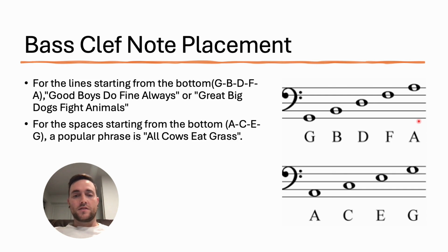All cows eat grass, all cows eat grass, good boys do fine always. And then as well as the treble clef rudiments, it really speeds the process up when you have just those things ingrained in your mind. Pretty awesome. So that is the bass clef note placement.